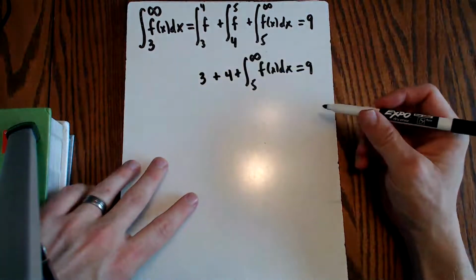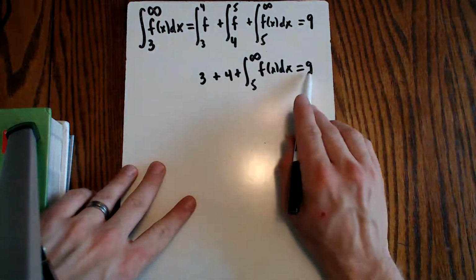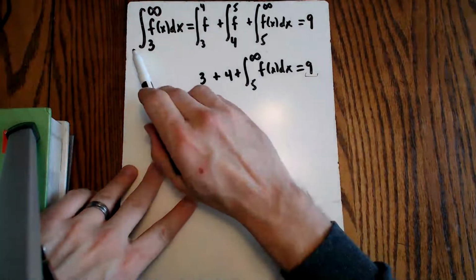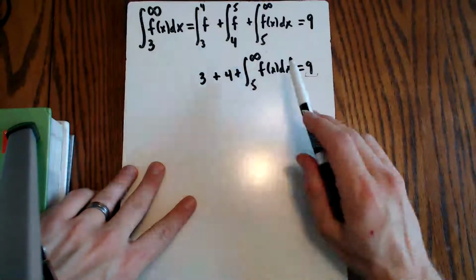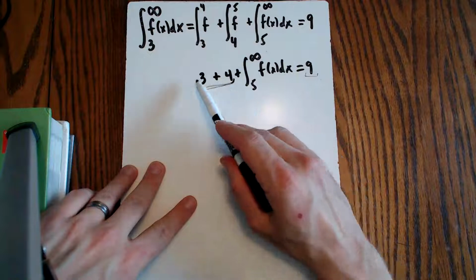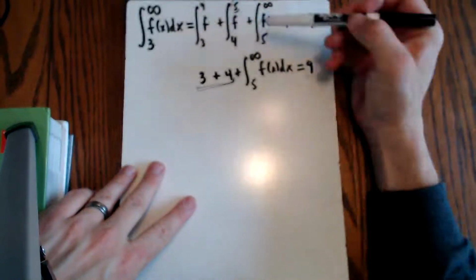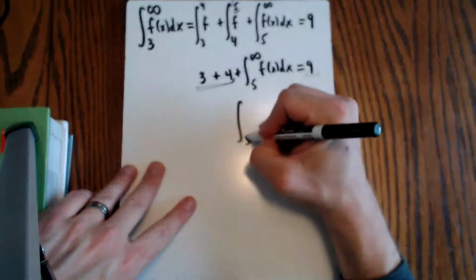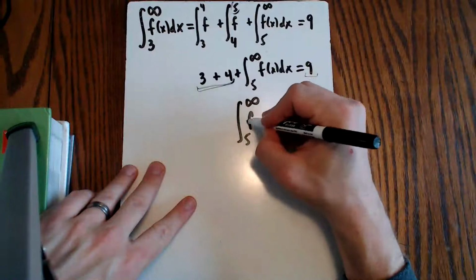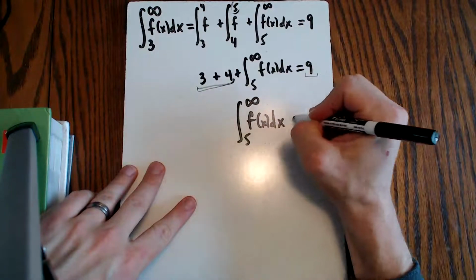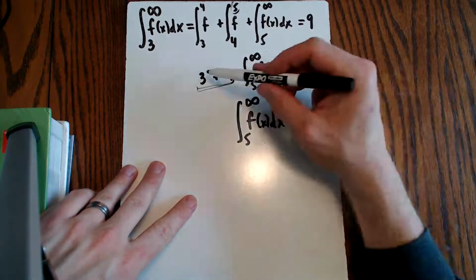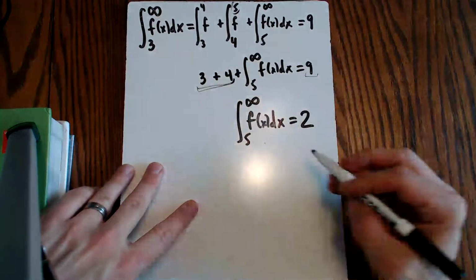So I guess moral of the story is, of the 9, that is the total integral from 3 to infinity of f, 7 of that 9 is already covered by the time you get to 5. So that would make the integral from 5 to infinity, which is going to be the one we're working with, 2, as in 3 plus 4 plus 2 would make 9.